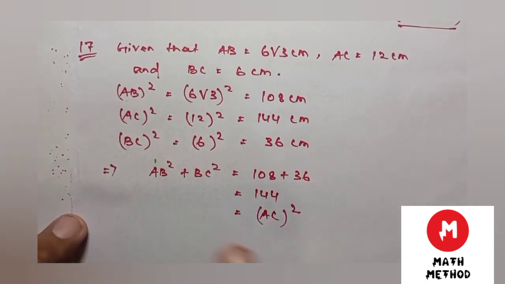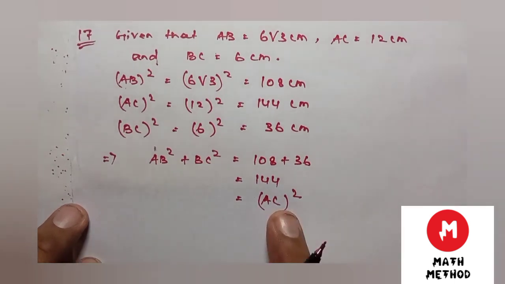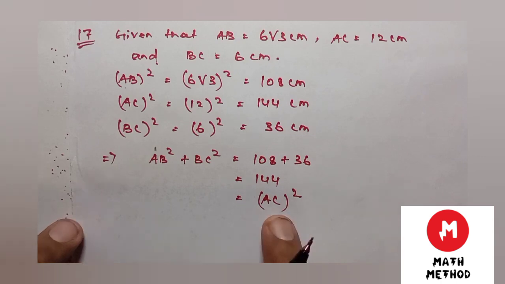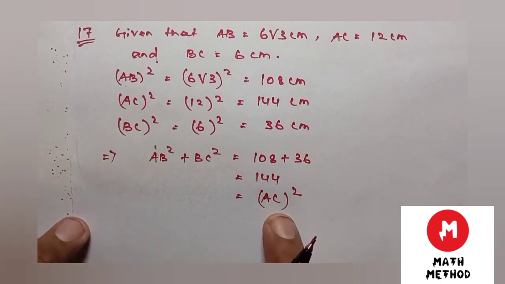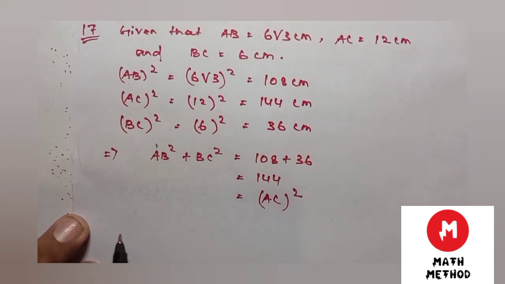So AC square is equal to AB square plus BC square. Hence AC is the longest side, therefore it will become the hypotenuse. If the hypotenuse of a triangle is AC, then its opposite vertex will be the right angle.